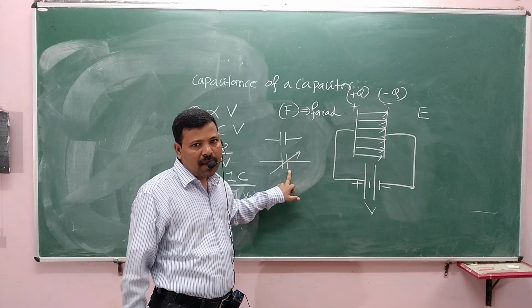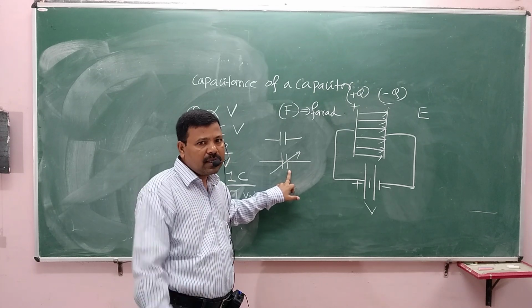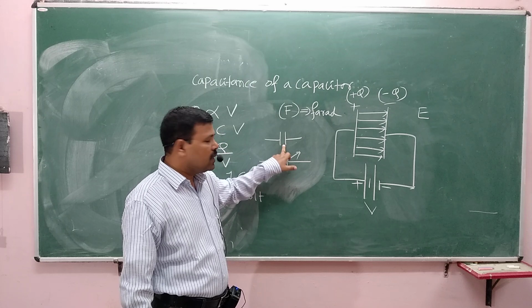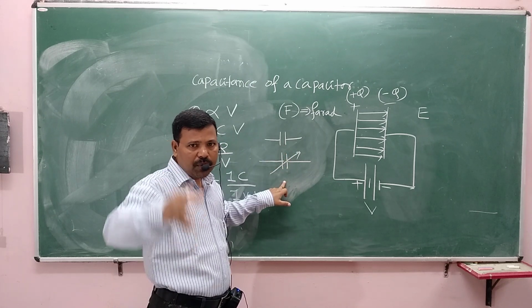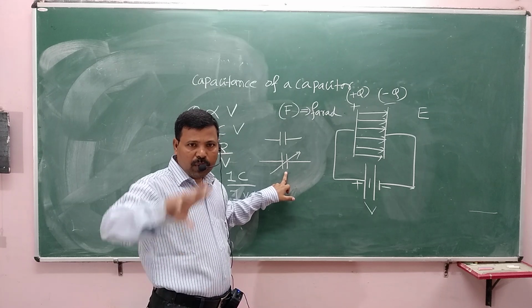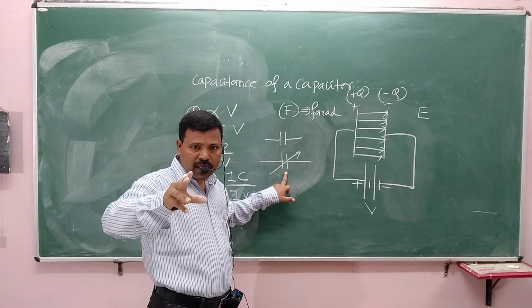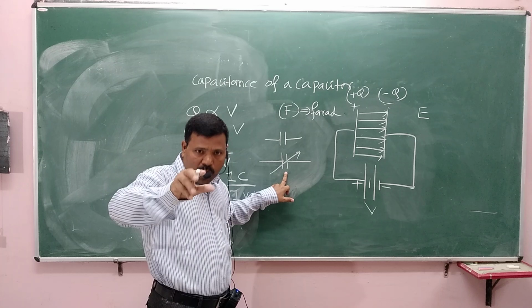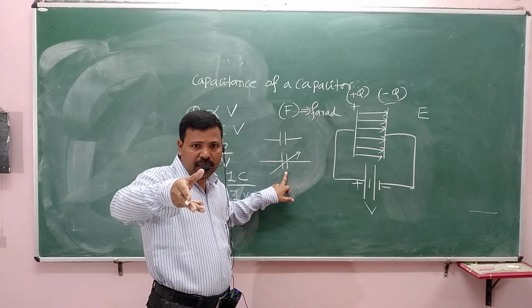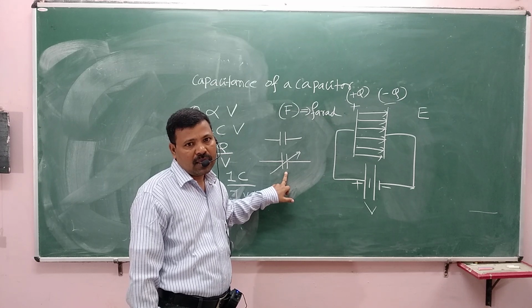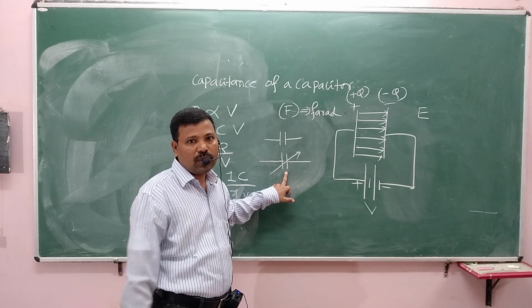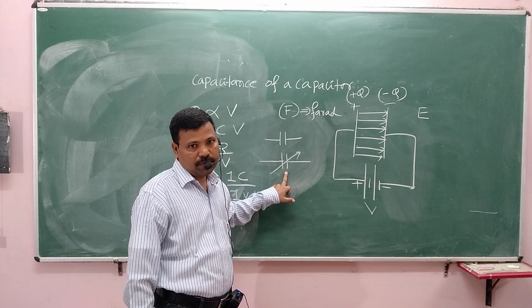In our labs, variable capacitors are available, and this is a fixed capacitor. If you have an old radio in your home, the knob we are rotating is actually changing the capacitance of the capacitor in the tank circuit, in the tuning circuit.